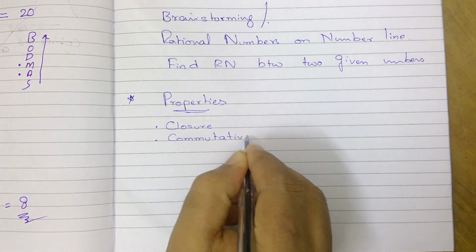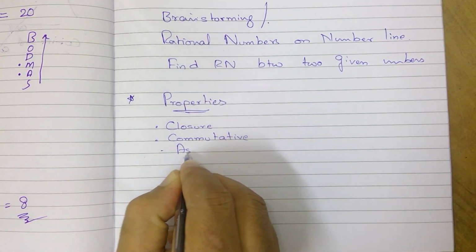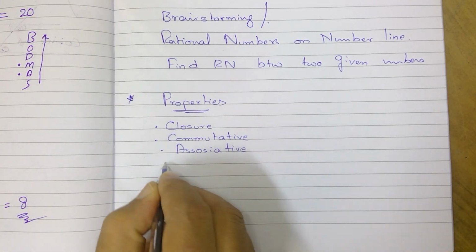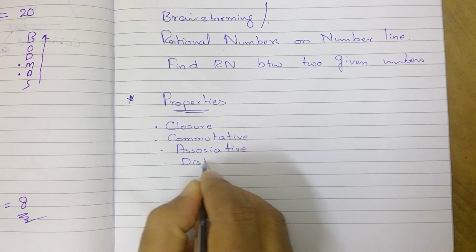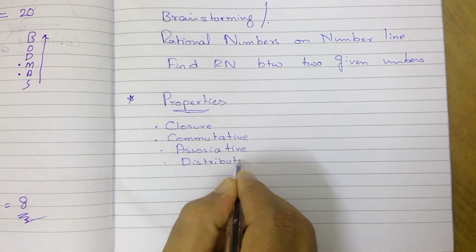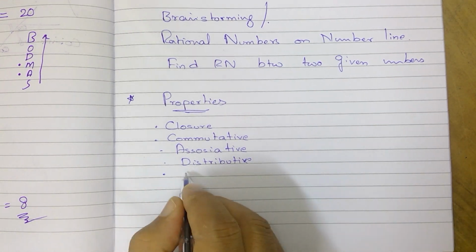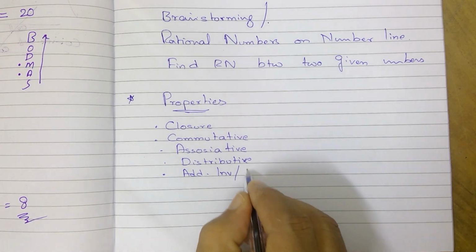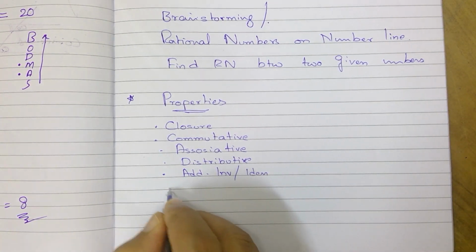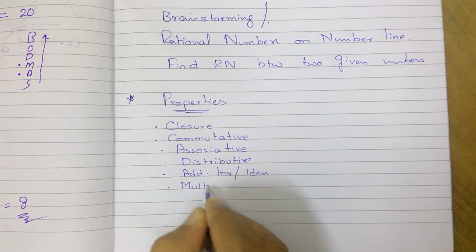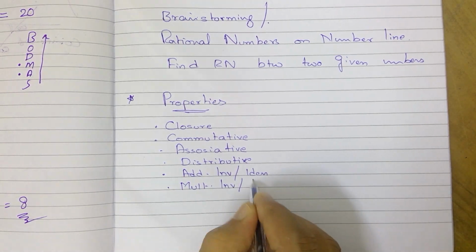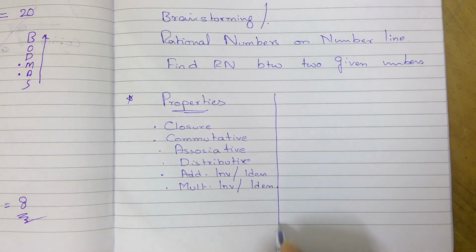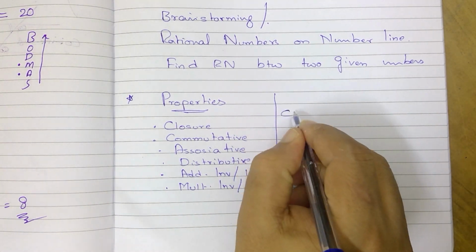Okay, and the third one is associative, and fourth one is distributive. And along with distributive, we will study about additive inverse and additive identity. In the same way, multiplicative inverse and multiplicative identity. Okay, so let us start with closure property.